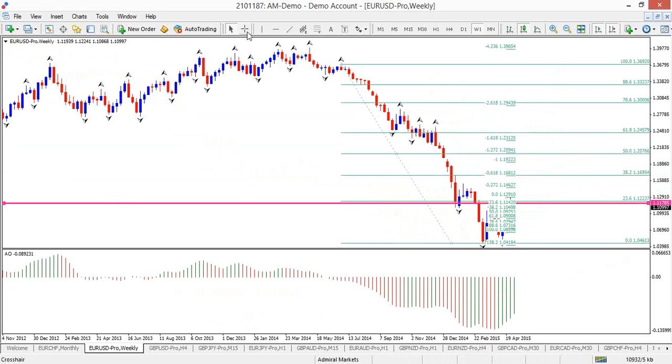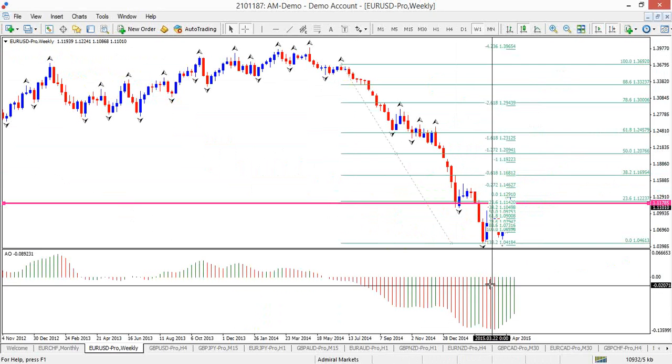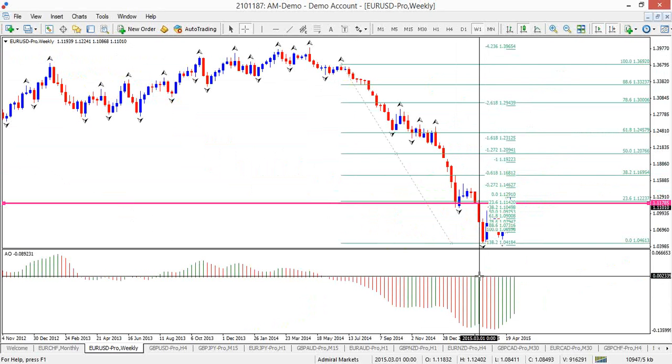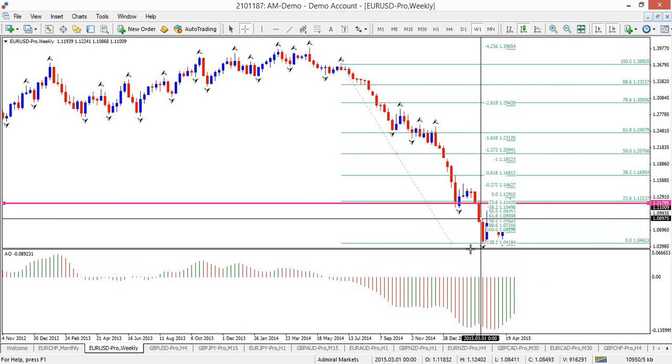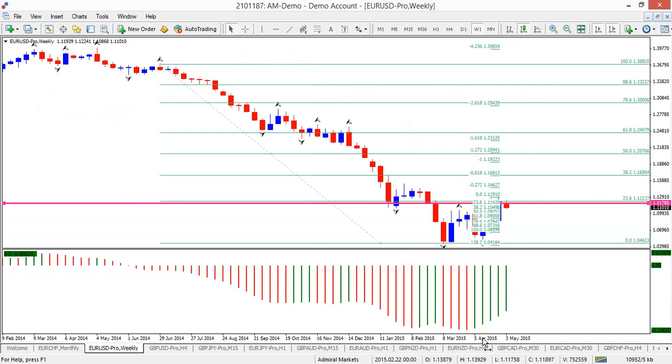Now, if we use Bill Williams' third bar rule, we see that this third bar, the green bar here, was a big bearish candle, so that's not so important. But the next third bar, the bullish bar, sorry.